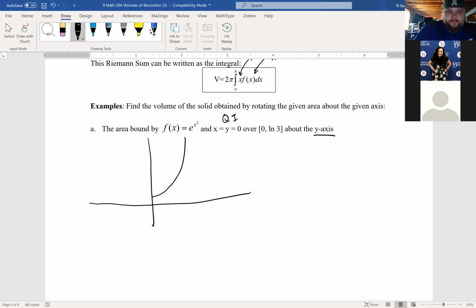And we're going out to, let's say right here is where log 3 is. Okay, so that is the function that I want to wrap around the axis. So if I do that, and it comes over here, something like that.